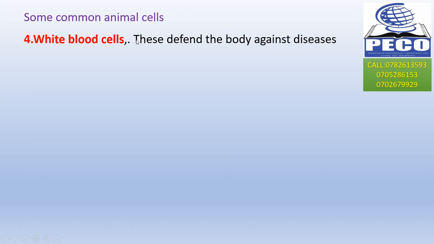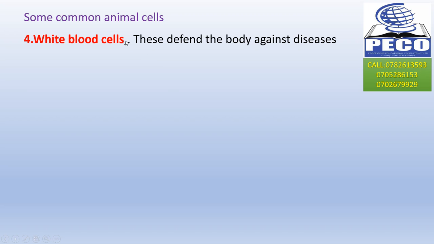Actually, they may not necessarily look white, but when you look at the external part of it, they almost look white, and their function in the body is to defend the body against diseases. Sometimes they have told you that your immunity is low.